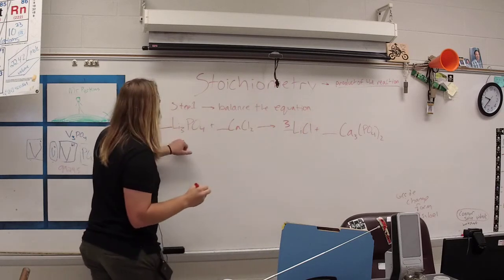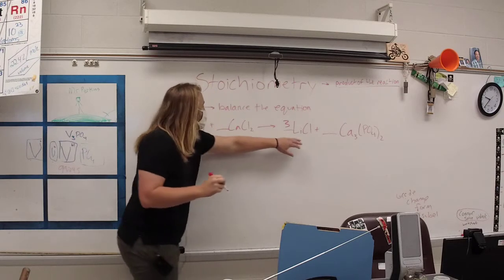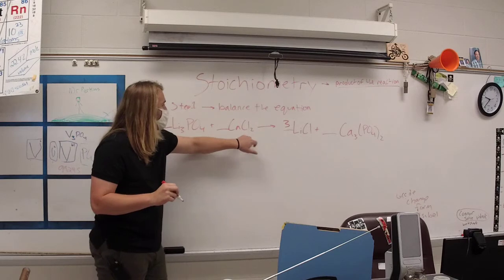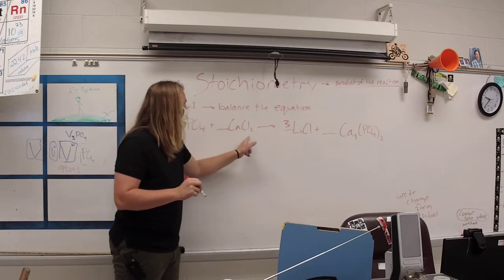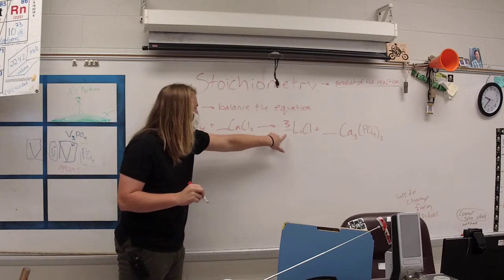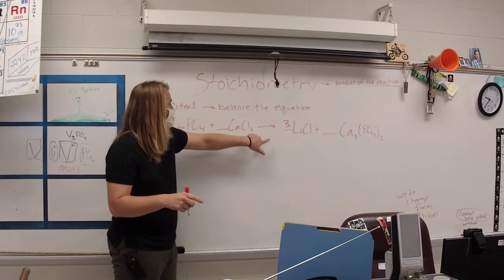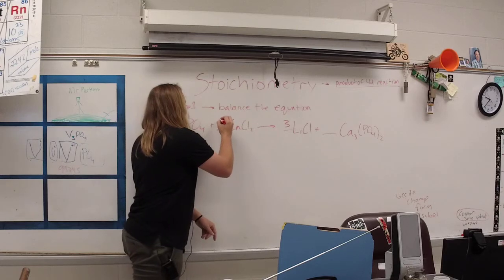Okay, that balances out. Now let's see. That messes up our chlorine. So we have 2 right here, and we have 3 over there. So how do we balance out the 2 and the 3? Yeah, we're gonna have to get it to 6.